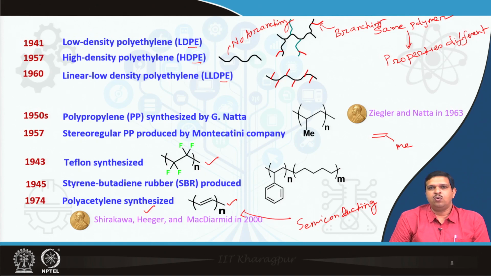Now, you know that solar cells are one of the very hot research fields, because of the need to get renewable energy from nature. So, this kind of material, the semiconducting materials, is being used to develop photovoltaic devices, which can actually replace silicon based semiconductor devices. And if we can use this kind of material, those photovoltaic devices will be flexible. So, that is quite a hot research field nowadays.